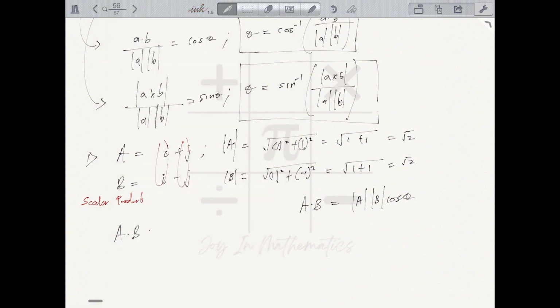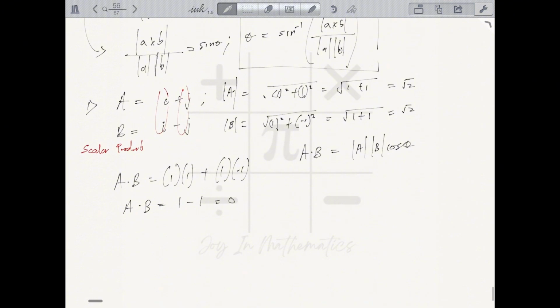Therefore, we have that A dot B is equal to 1 minus 1, which is equal to 0. Now with this, we have A dot B equal to 0, modulus of A equal to root 2, and modulus of B also equal to root 2.